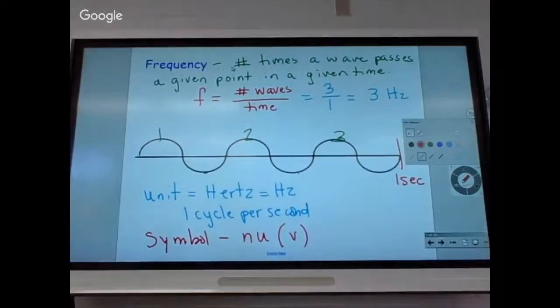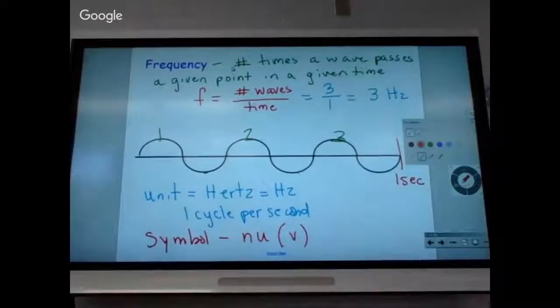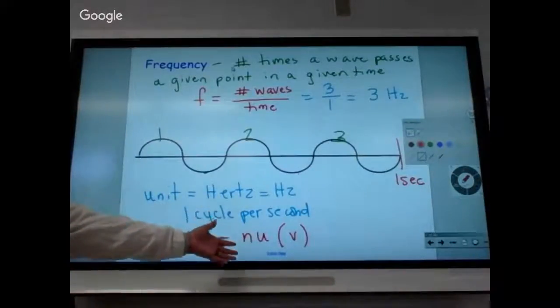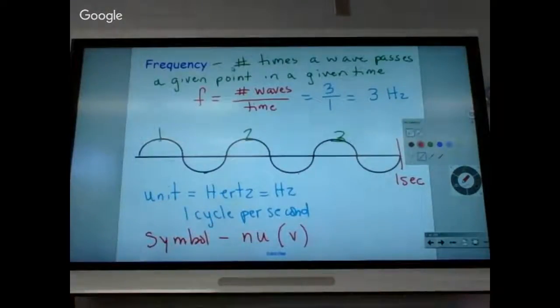But when I write it on the board in just this little pen, it's just going to look like a plain V. It'll be slanted slightly on the test, but for right now, it just looks like a plain V. It'll be italicized on the test or on a quiz because I can italicize it when I type.